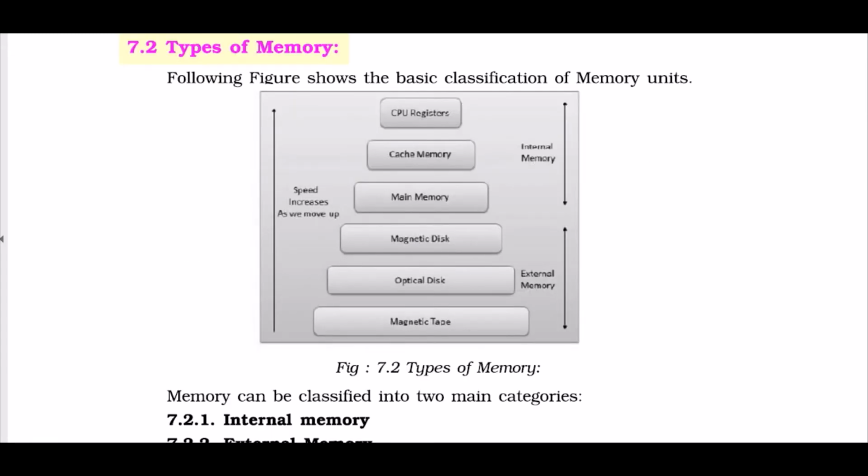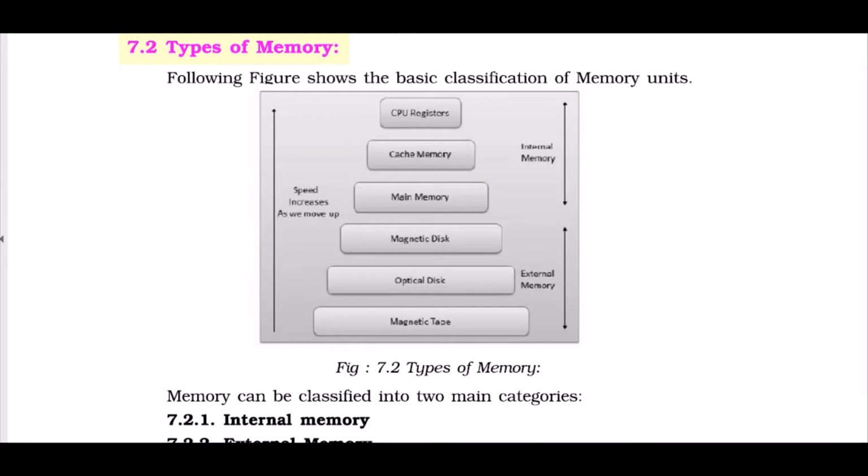Types of memory. Now, what are different types of memory? In this figure, you can see there are 3 arrows. This one is going up. This is representing that as the memory goes in this direction, the speed of reading and writing increases.